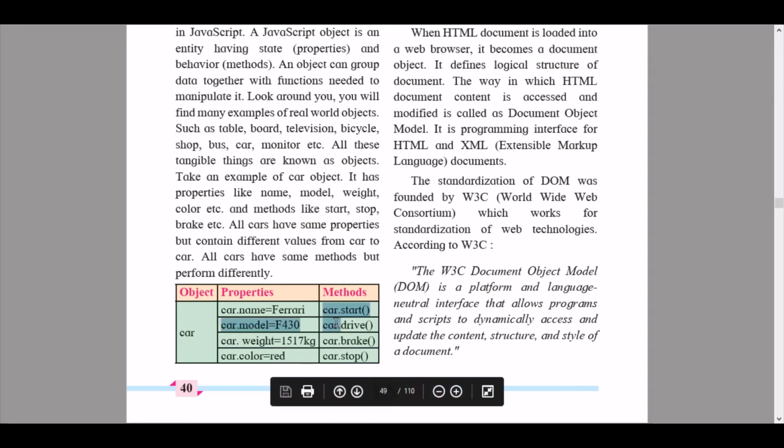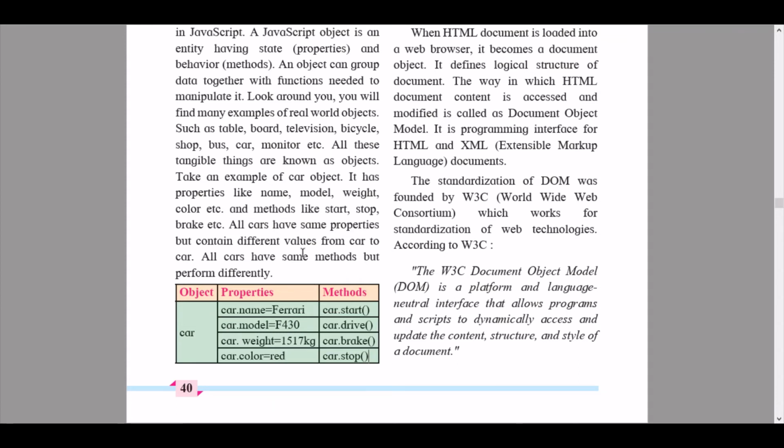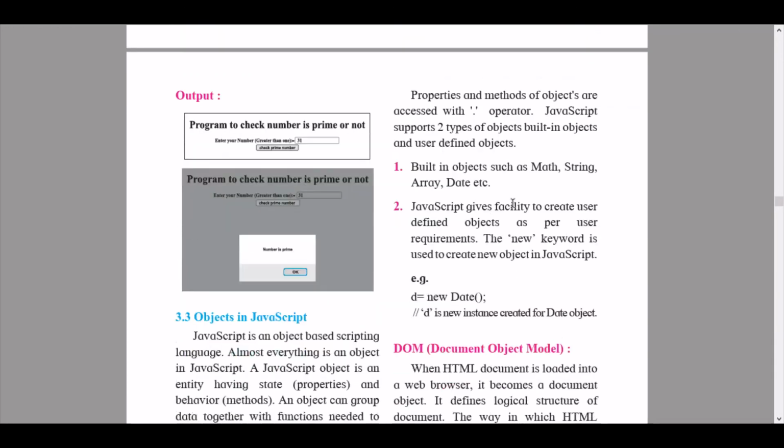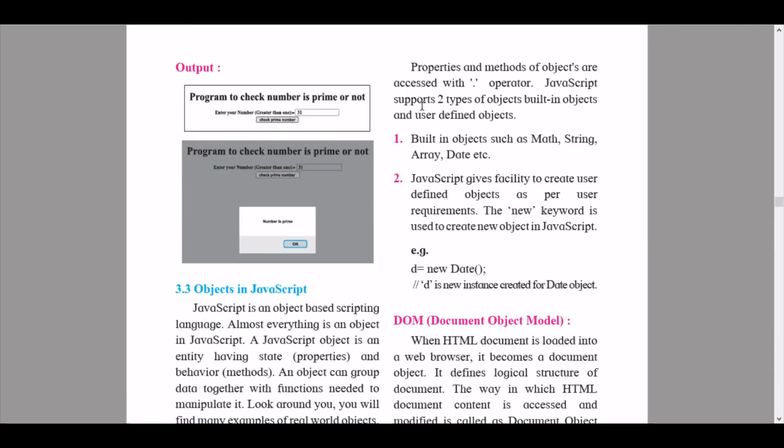Here different methods have been used so that we get a better understanding of how objects are used and how they are defined via properties and methods in JavaScript. Now we scroll up to the next part of unit 3.3. Properties and methods of objects are accessed with the period operator.